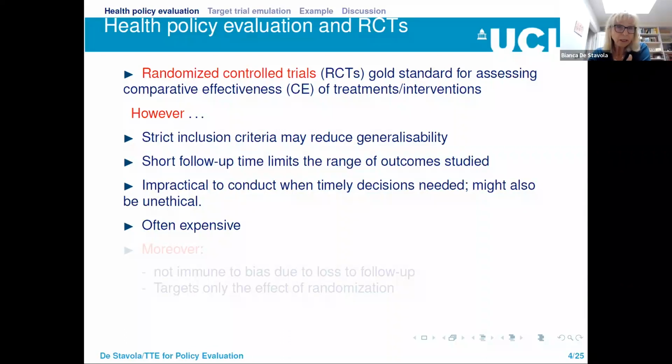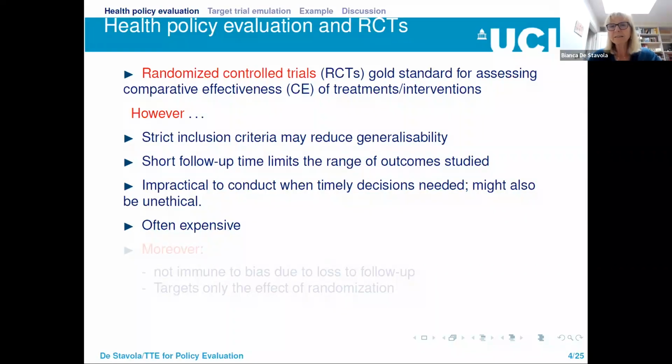And if you work in life course epidemiology, certainly you want to look at very long-term outcomes, and RCTs are very unlikely to have the funding to run for so many years. And as we've seen with the COVID pandemic, often you want answers quickly without having to wait for a randomized controlled trial to run its full course before evidence is gathered.